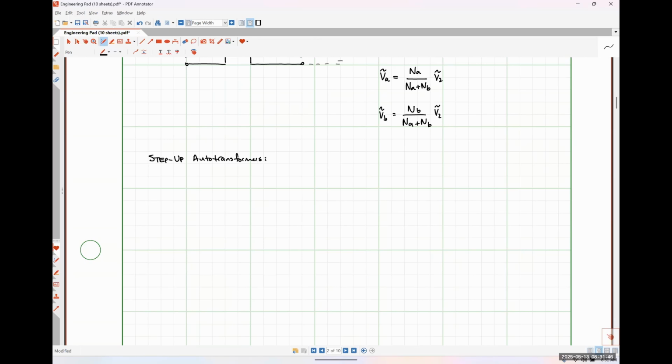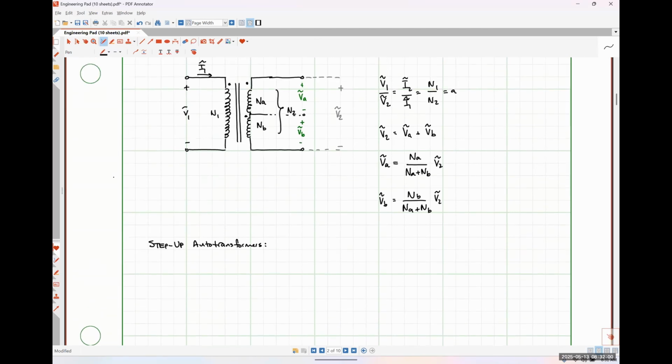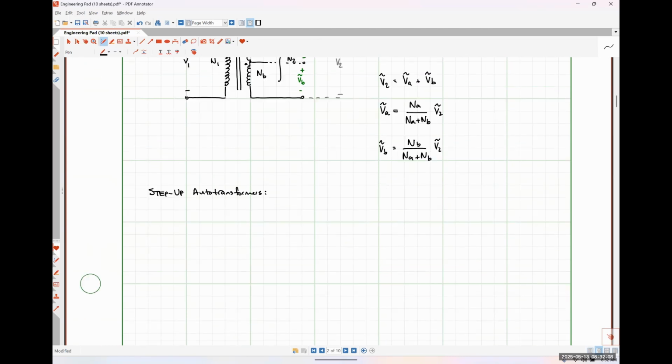Auto transformers are a very specialized type of transformer because technically they only contain 1 coil. An auto transformer is going to look like the secondary side of that tapped transformer that we just talked about. So I'm going to draw a full system here.